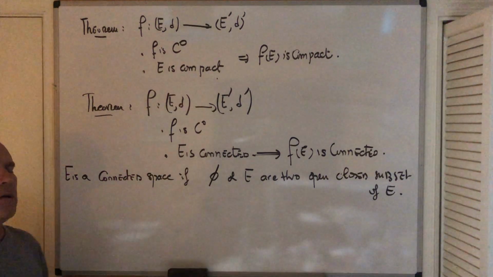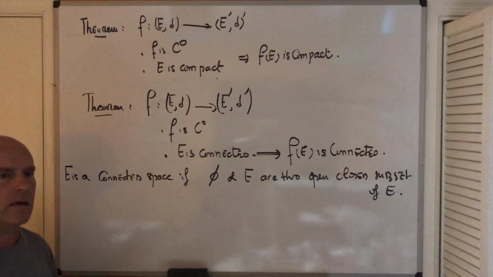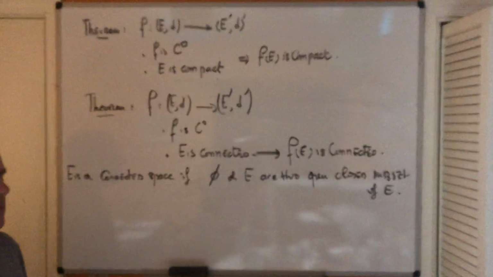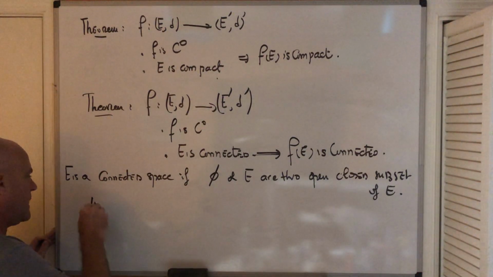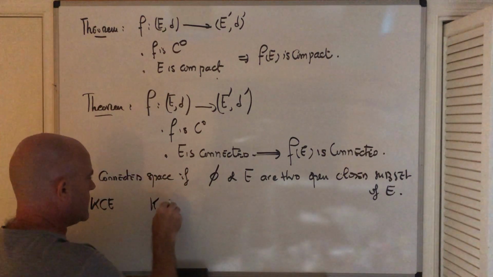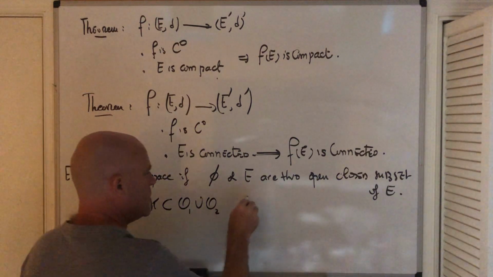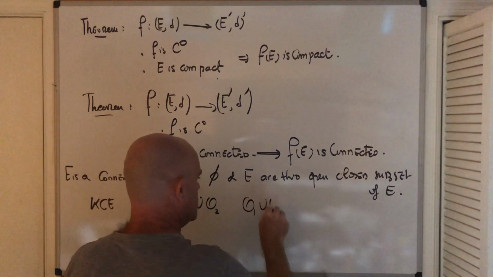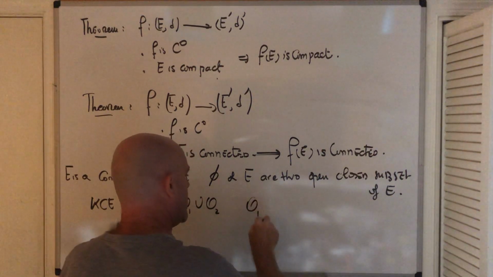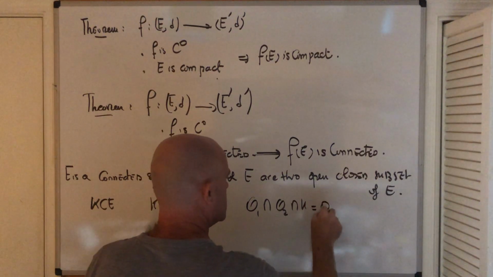Well, remember what we did before. I was talking about a connected set, not necessarily a connected space. By using coverings by open sets, I was saying that a set K included in E was connected if K can be covered by two open sets U1 and U2 such that U1 intersected with U2 intersected with K is the empty set.